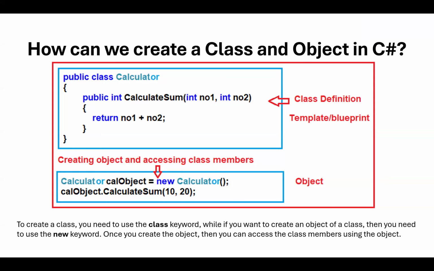And as a part of class body, you define class members. It can be properties, methods, variables, etc. For example, here in this class which we show on the screen, we have a class Calculator, and we define one method for this class.